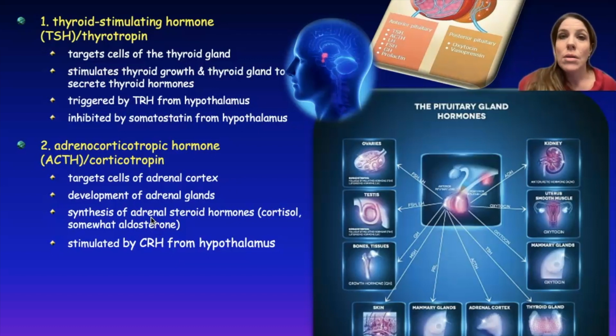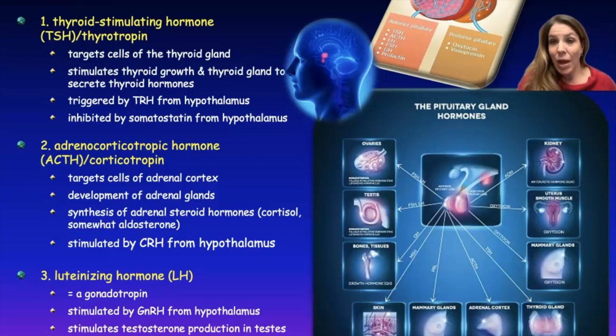So ACTH is telling the adrenal cortex to release cortisol and, to a lesser extent, aldosterone. And just remember that all of this is stimulated by a hormone produced by the hypothalamus, which is CRH. So recall that CRH tells the anterior pituitary to release ACTH, which tells the cells of the adrenal cortex to release their hormones, especially cortisol.